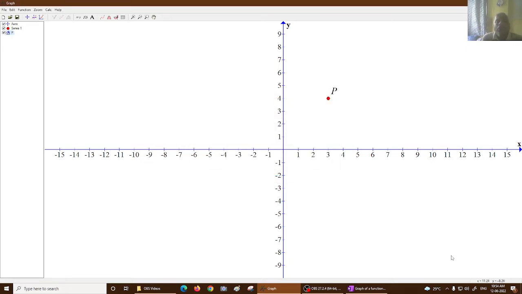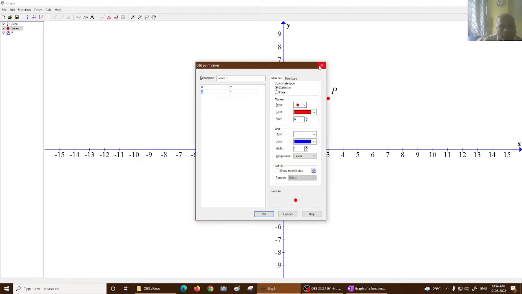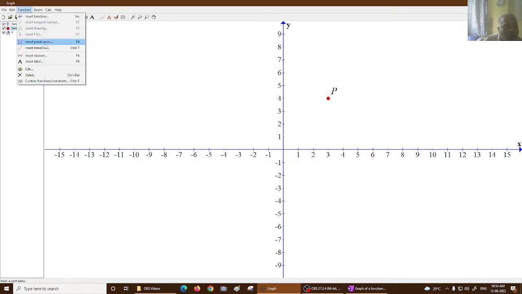Now what do you mean by the coordinates of this point? From that point you can go perpendicular downwards towards the x-axis, and again in the horizontal direction to the y-axis. Wherever it meets the x and y axes, those values are called the coordinates of the point. Let me draw those perpendiculars also.